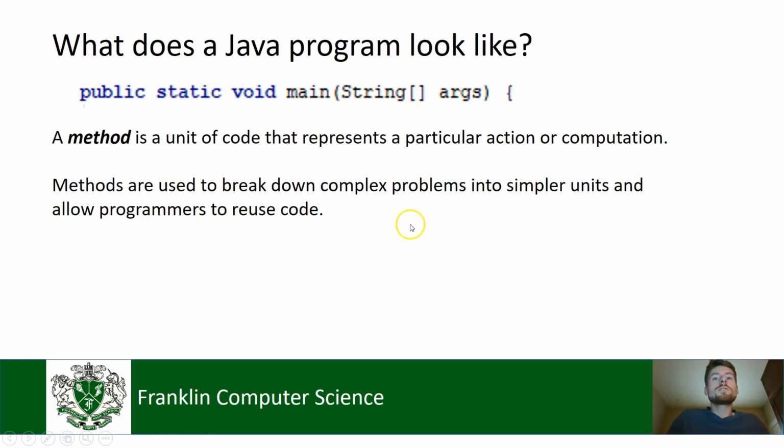So methods are used to break down complex problems into simpler units and allow programmers to reuse code. This is what I was talking about earlier about algorithms. When you're writing a program, you might write several algorithms to solve some problems. And it makes the most sense to break them down into methods. And you might need to break one algorithm down into several methods.